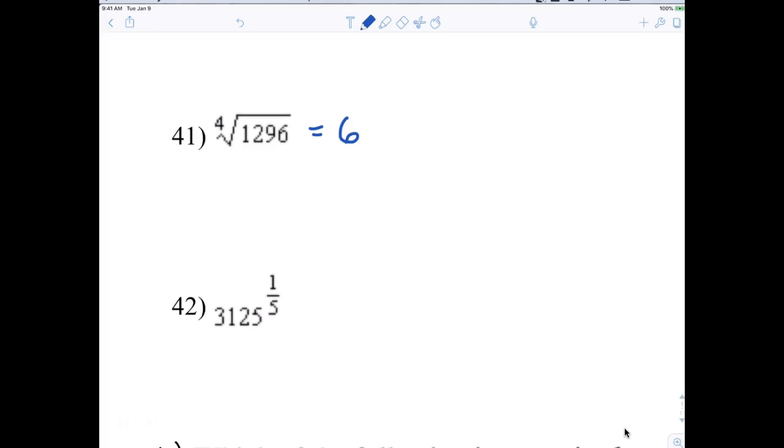What'd you get? No. 1296. Do 1296 caret 1 divided by 4.